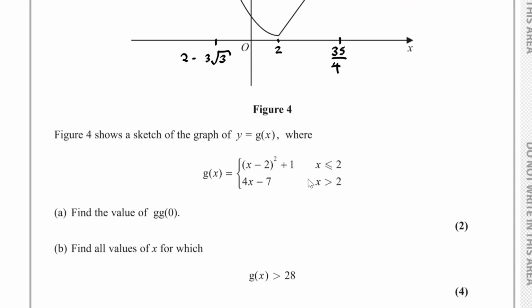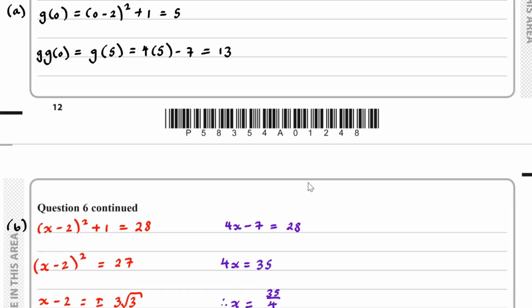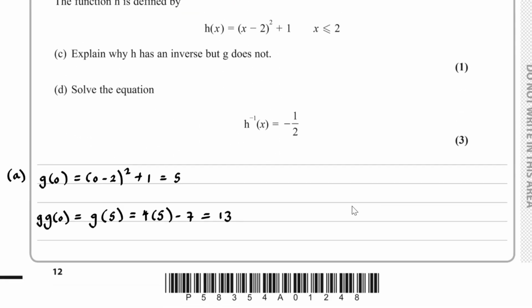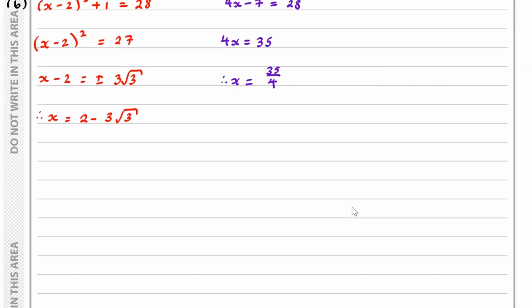And therefore we can read off the inequality. Hopefully you can see that x is less than 2 minus 3 root 3, or x is greater than 35/4. So therefore our solutions: we have x is less than 2 minus 3 root 3, and we also have x being greater than 35/4.